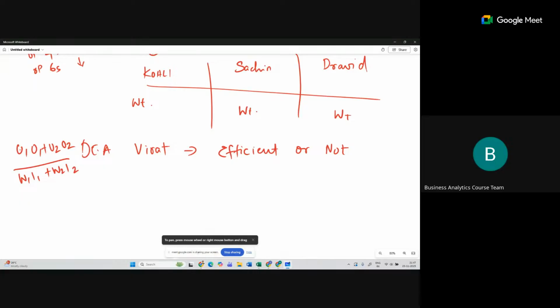You will solve the DEA problem for Virat. And what are you computing here? The weights, output weights and input weights. And then you check whether Virat is efficient or not. Is it fine? So far with me?